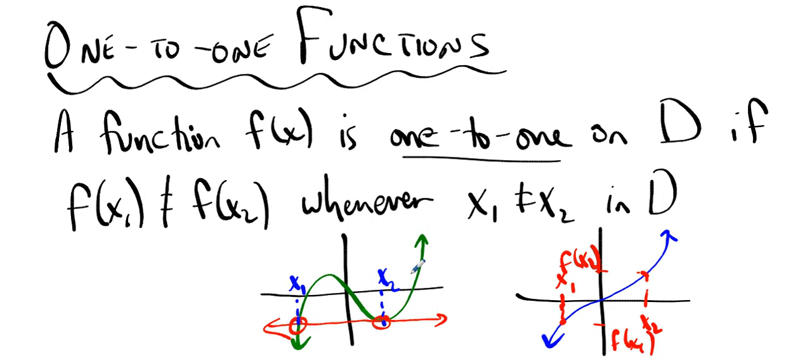They are different. x1 is different than x2, but f of x1 is equal to f of x2. And so we have a scenario where x1 is not x2, but their outputs are equal. And so this green function is not one-to-one.